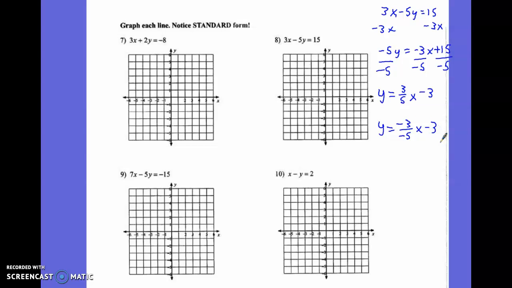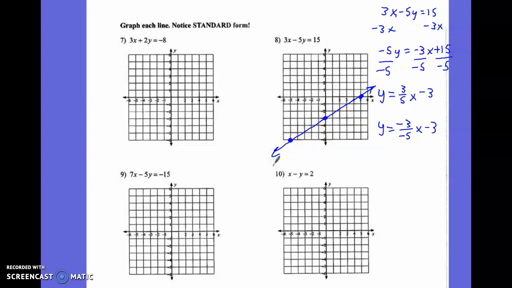So either one is fine, but when we graph it we start at negative 3, 1, 2, 3, put a dot, and we can go up 3 to the right 5, 1, 2, 3, 1, 2, 3, 4, 5, or we can go down 3 to the left 5, 1, 2, 3, 1, 2, 3, 4, 5. Then you draw your line.